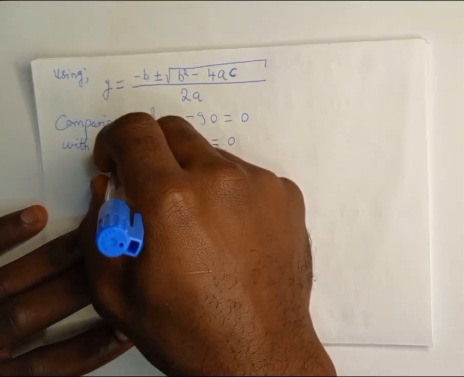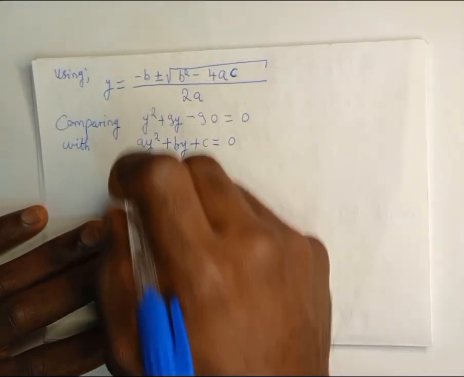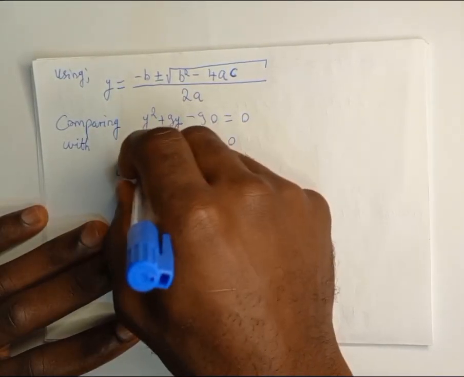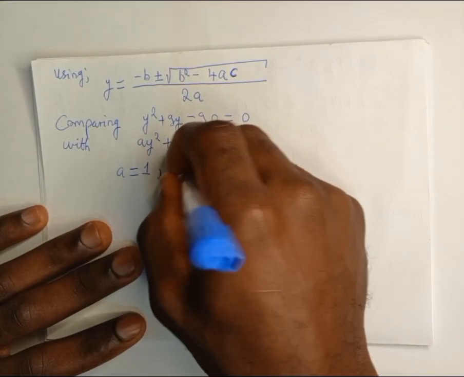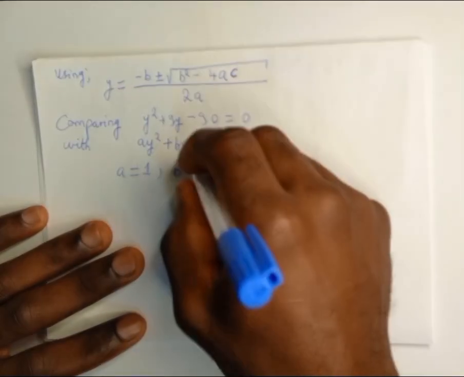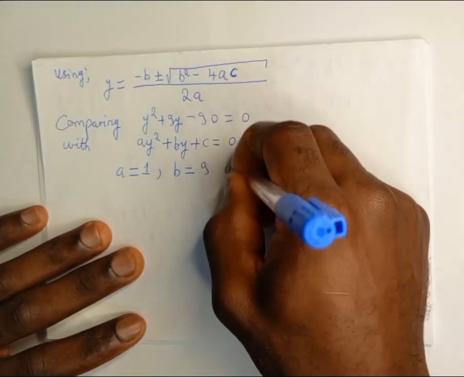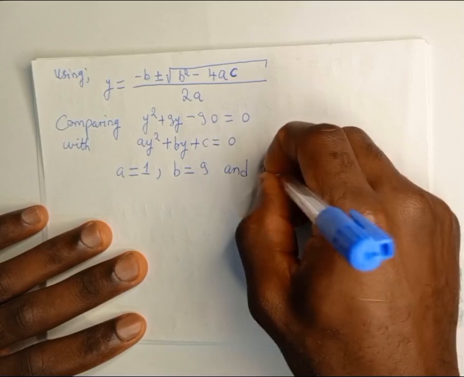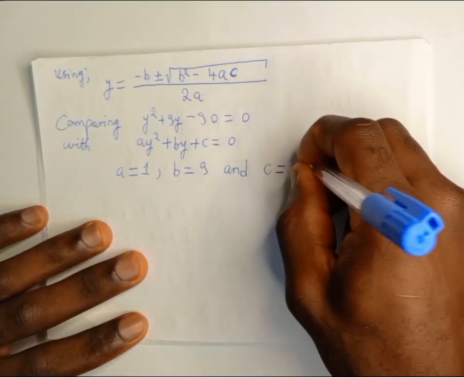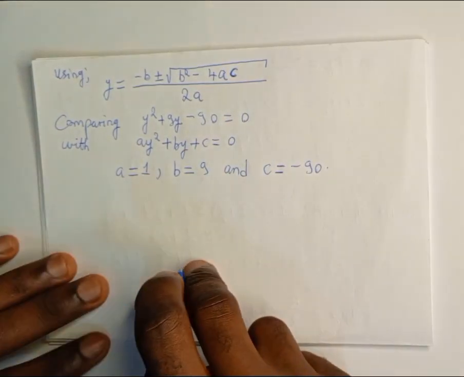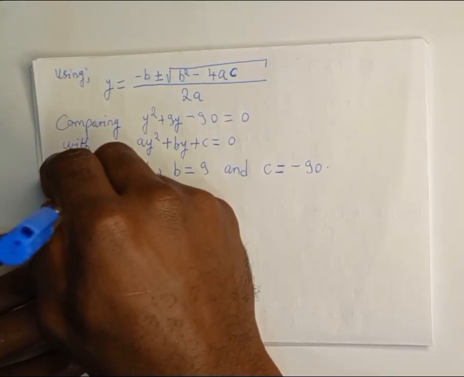If we compare, our a will be equal to the coefficient of y squared, which is 1, our b will be equal to the coefficient of y, which is 9, and our c will be equal to the constant term, which is negative 90.